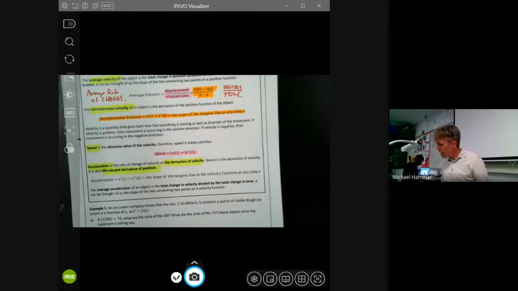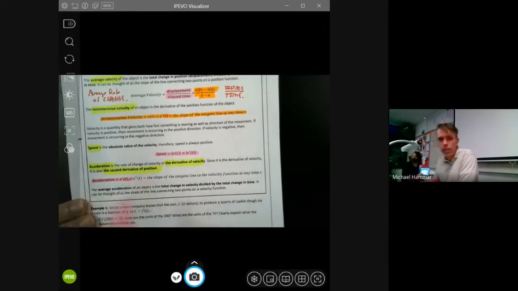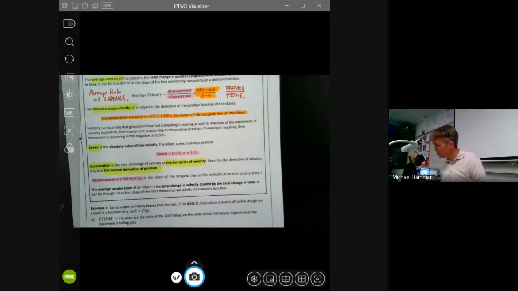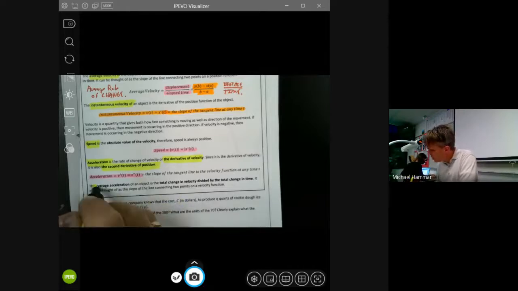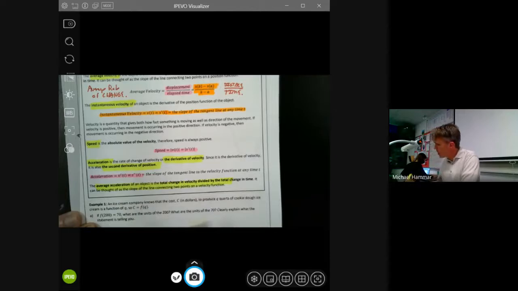So to figure out acceleration, you can either take the derivative of velocity, or take the second derivative of the position graph. One final thing that we don't see very often, but is occasionally used, is average acceleration. Average acceleration is the change in velocity divided by the total change in time.